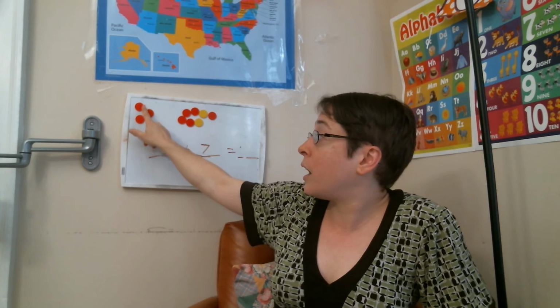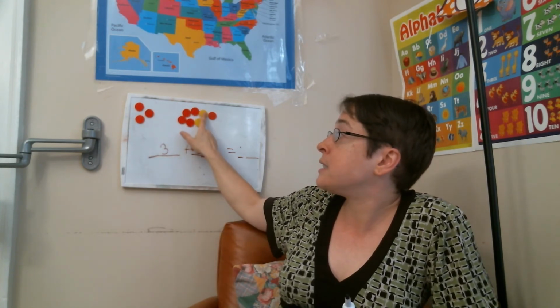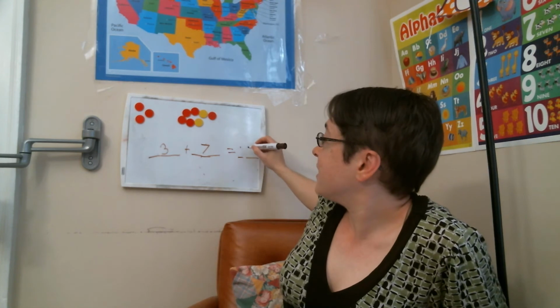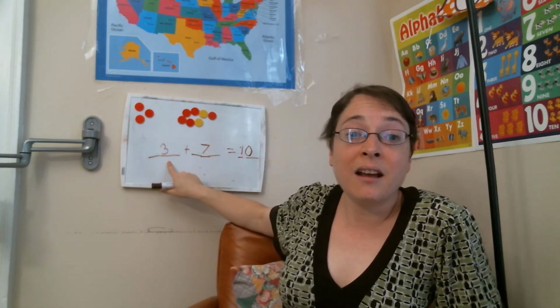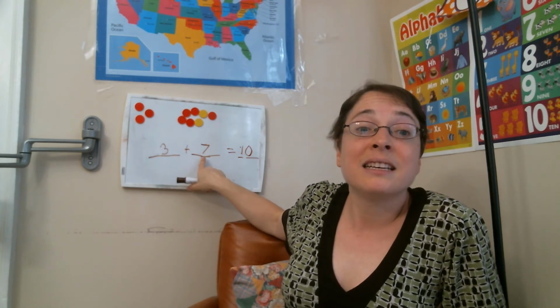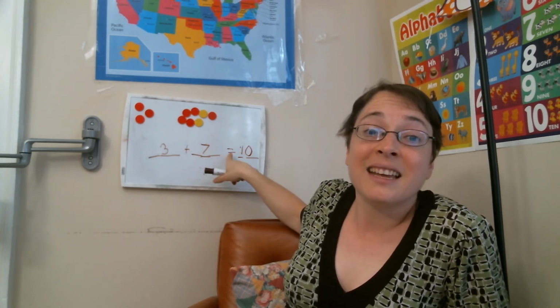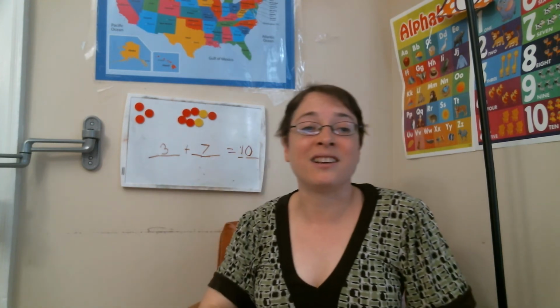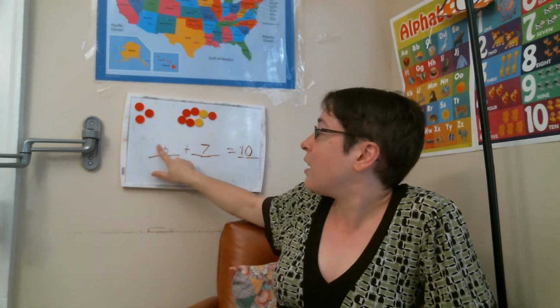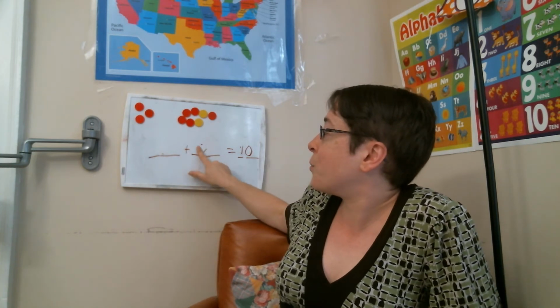Count them all. 1, 2, 3, 4, 5, 6, 7, 8, 9, 10. 10. 3 plus 7 equals 10. Very good. Good job. All right, let's try another one.